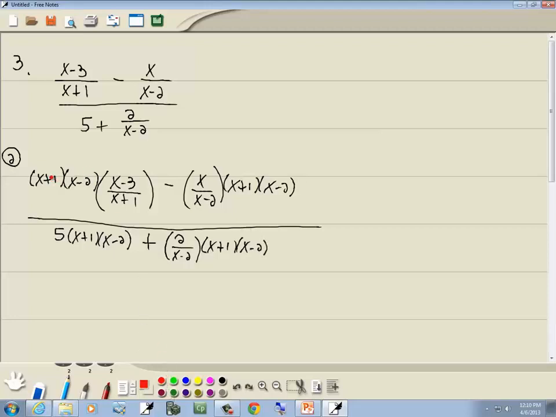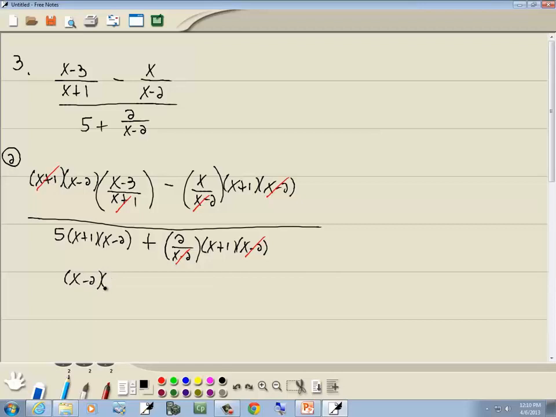Well, before I actually multiply it together, this x plus 1 cancels this x plus 1, so those go away. This x minus 2 cancels that x minus 2, so those go away. And down here, this x minus 2 cancels that x minus 2. Let me write down what I have left, and then I'll start multiplying it together.